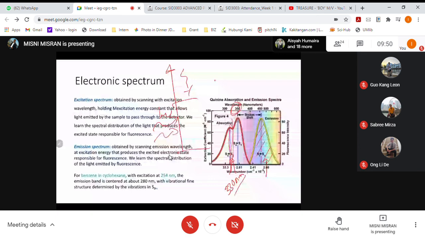What you're observing with the fluorescence spectrophotometer is this part here, slightly slanting. You don't see the absorption spectrum, but you see the emission spectrum, because you pump in high energy. If you want to observe the absorption, you just expose the sample to light energy and observe the absorption spectrum.